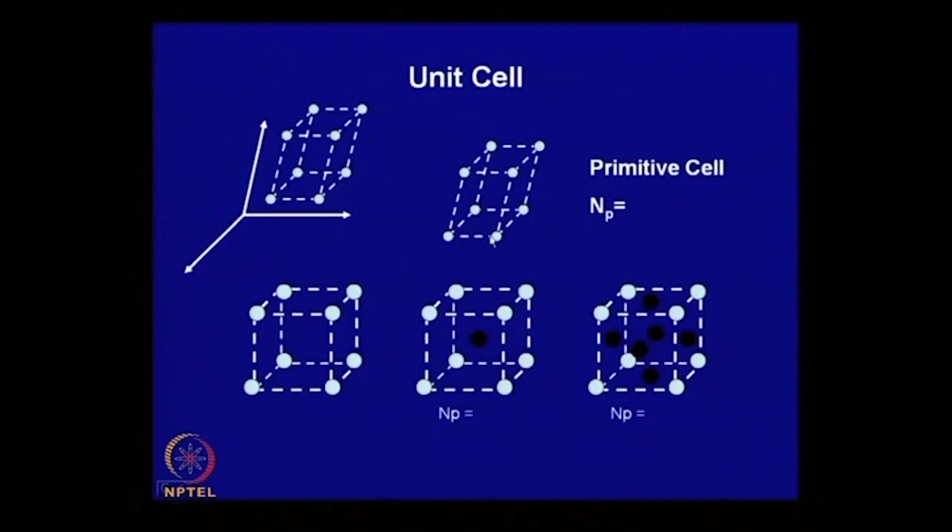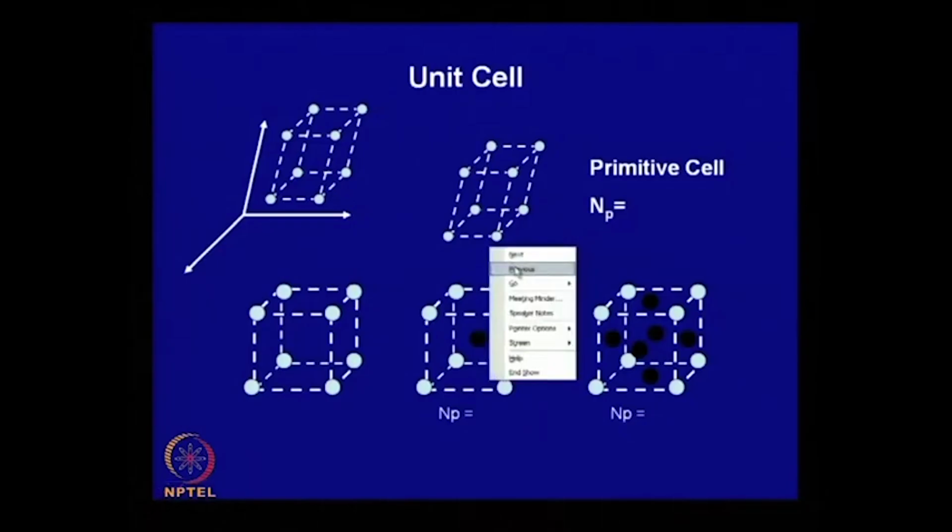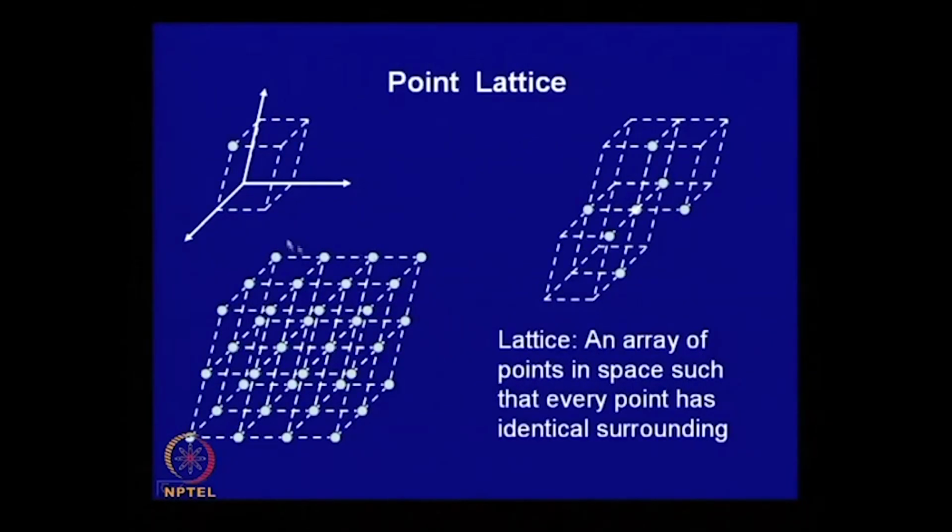Now, if you go back to the previous figure, this particular point does not solely belong to one unit cell, it is shared by all the adjacent unit cells. Now, how many adjacent unit cells are there to this point?